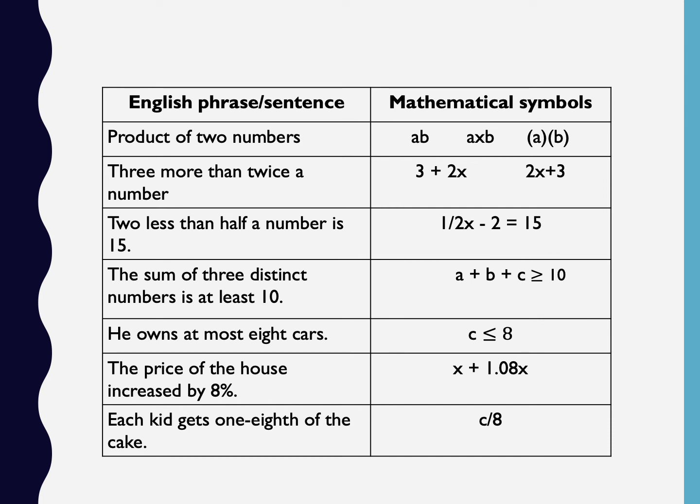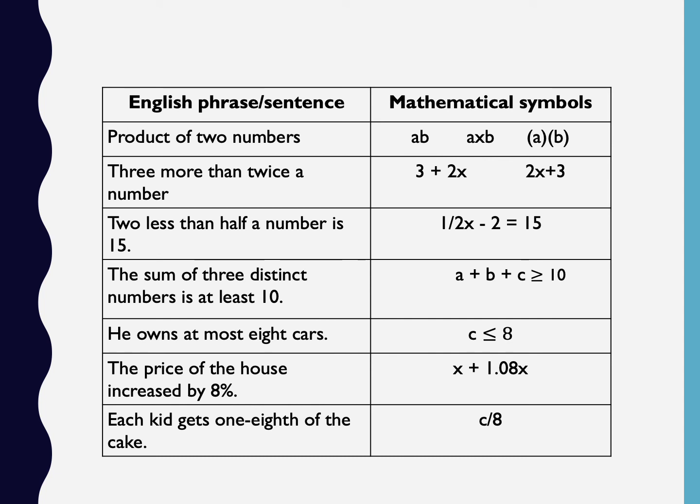Next, the price of the house increased by 8%. Now, this is also a multiplication. So you can write it the same way as how you write the first example. So there are several ways to translate it into a mathematical symbol.